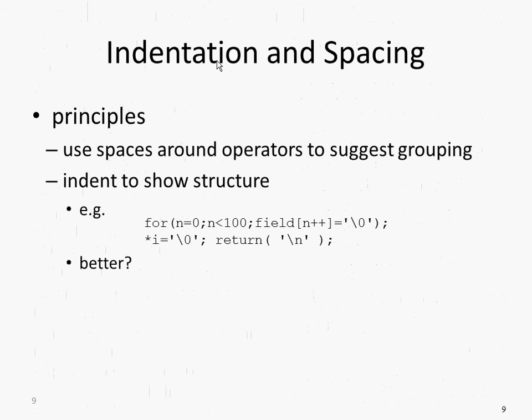What is this code actually accomplishing? Okay, so with the zero character, that's an encoding of the zero character. It's the same character that finishes strings. That's good. And then we assign to some pointer a similar character, and then we return a new line. So what are some ways in which this might be improved?